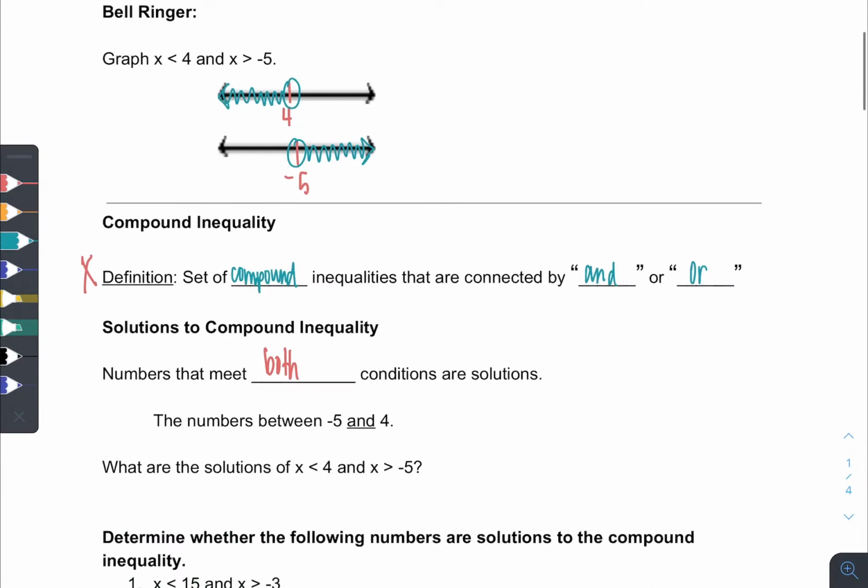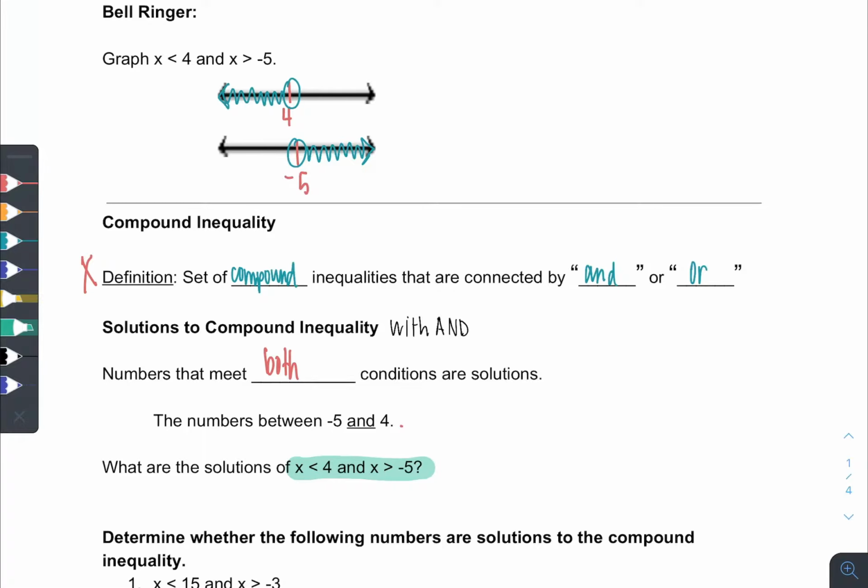When we have a compound inequality with and, make sure you write that down: numbers that meet both conditions are solutions. So this right here says the numbers between -5 and 4. Another way of writing this is x is less than 4 and x is greater than -5.